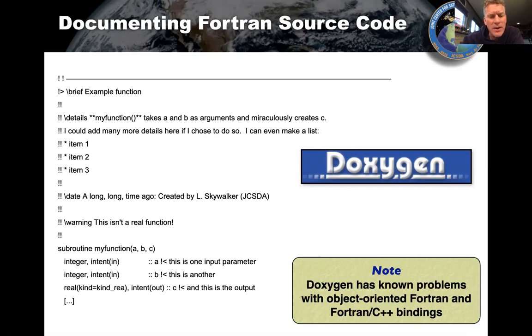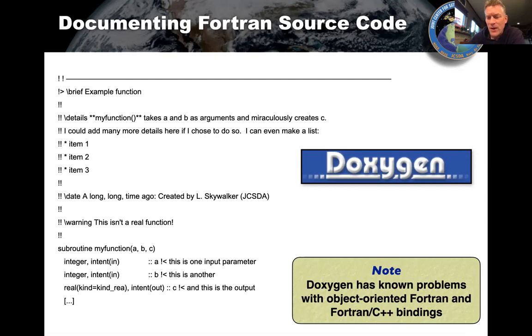If there are any known limitations or known bugs to this function, then you might include it in a warning block. And then for the parameters of the function, you can have this bang less than sign at the end of each argument declaration. And this is understood by Doxygen, and it will come out in the output, as you'll see in a few pages.